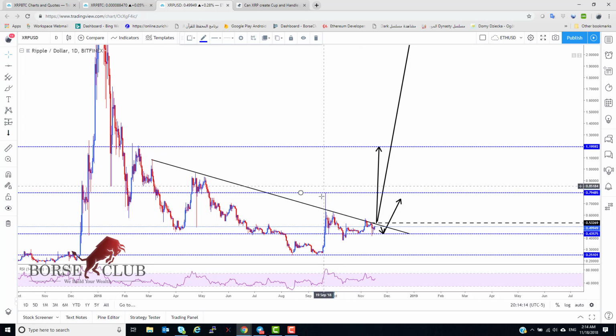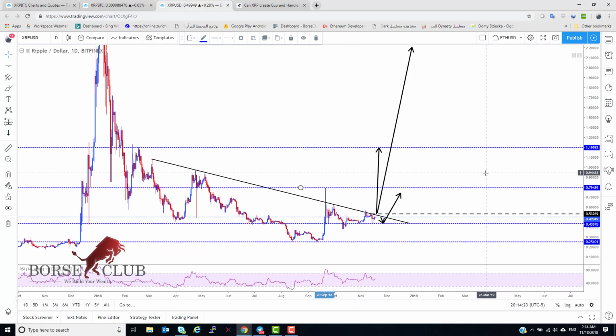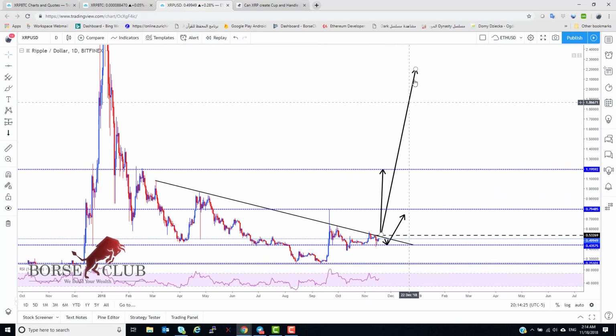So don't count this one. I think the best target will be $1.20, and if it breaks above that one, we will take another high, which will be $2.20, something like this.